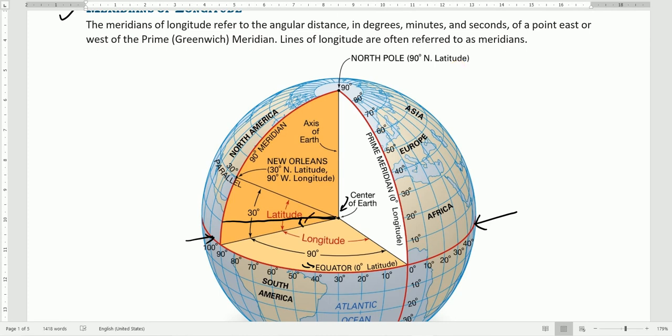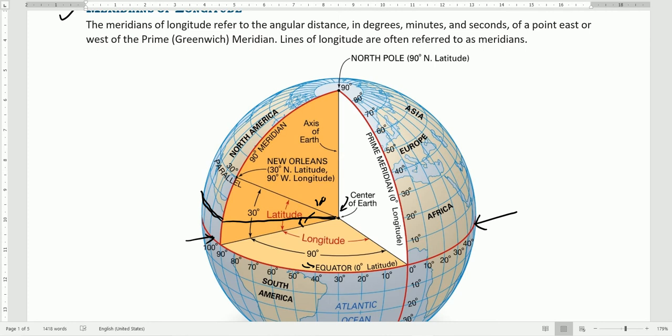Let us say the angle formed here is 10 degree. Then after reaching this line on the surface of the earth, we are drawing a line around the globe, and this line is known as the line of latitude or parallels of latitude.